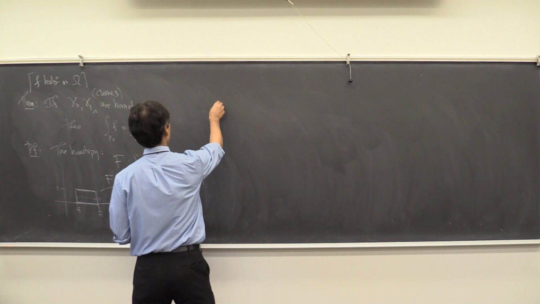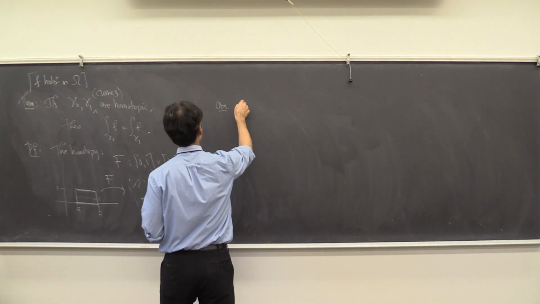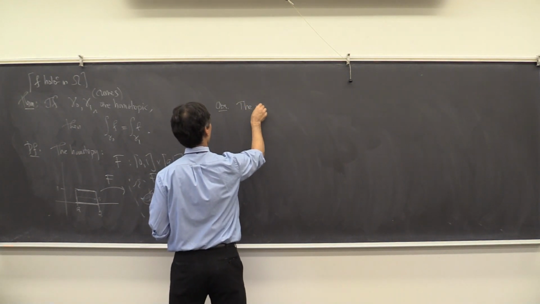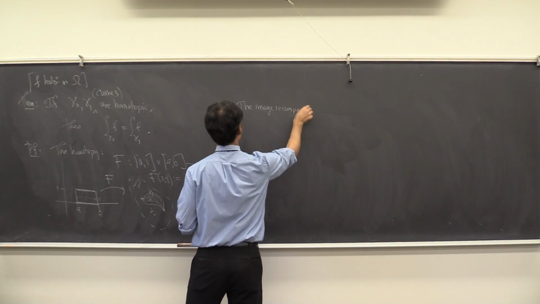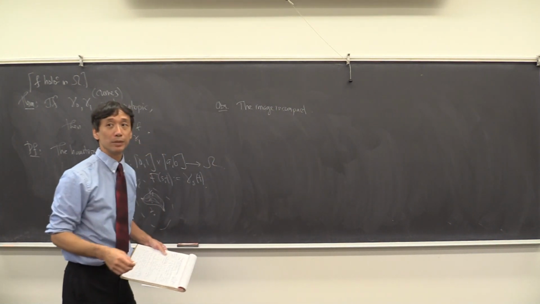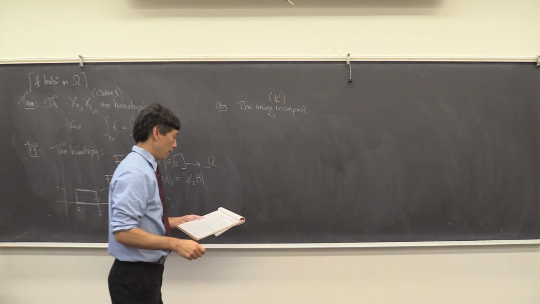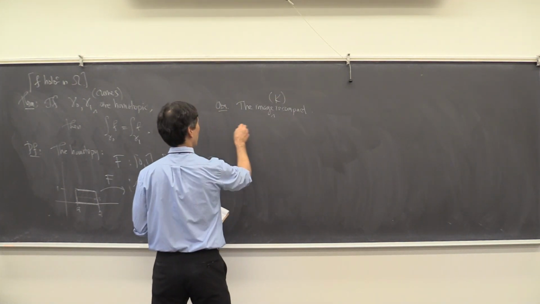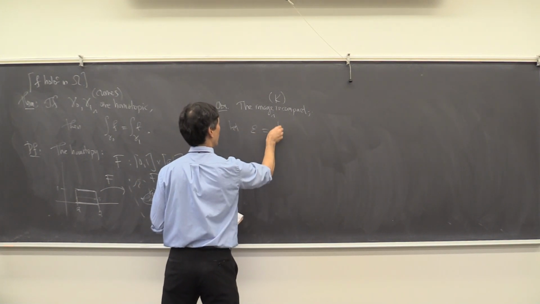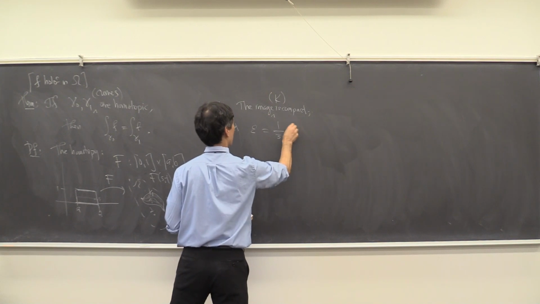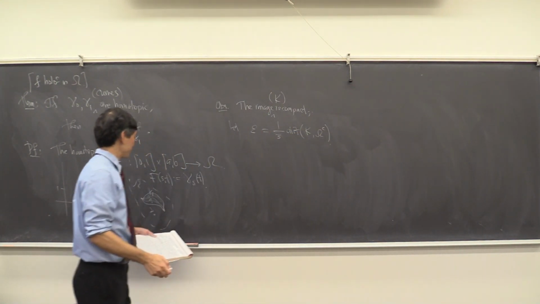So observe that the image is compact by continuity, because you're continuous on a compact set. Let's call it K, and let epsilon be 1/3 of the distance from K to the complement of omega.